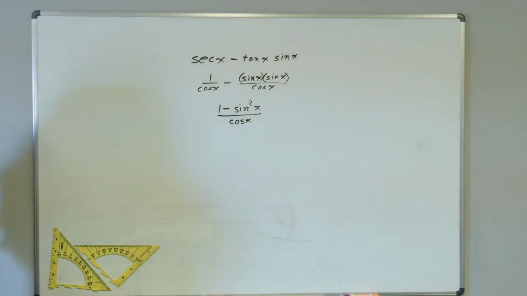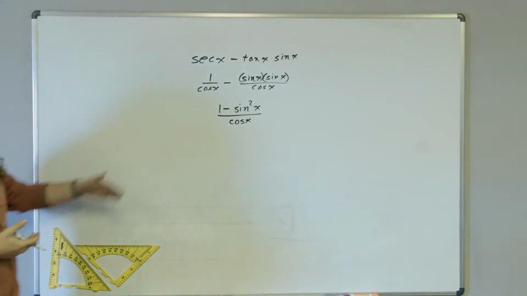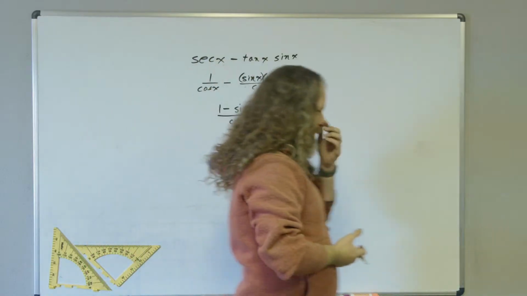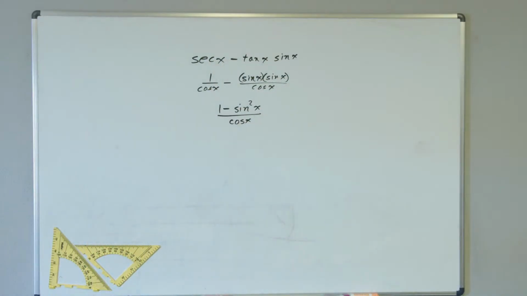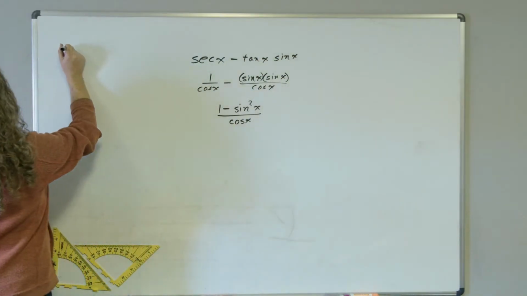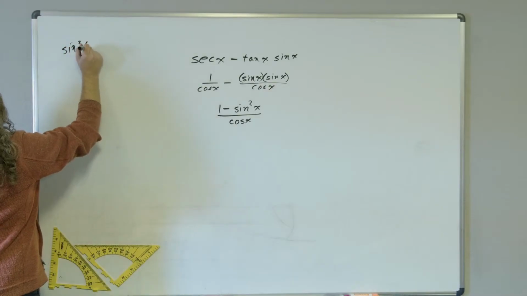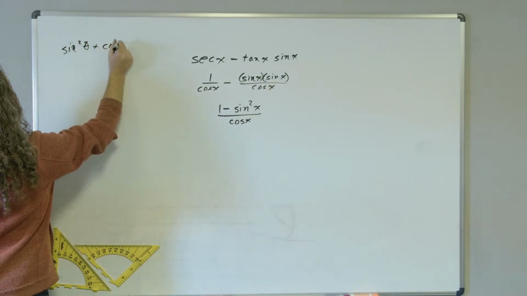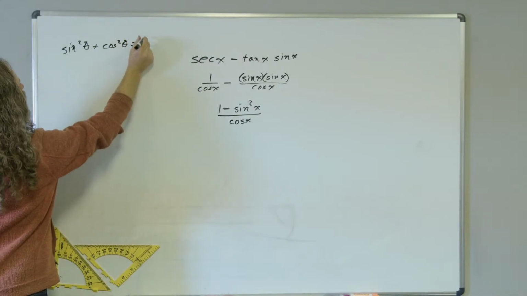Now we can go further than that. We've got a sine squared x, and if we've got a sine squared x, which set of identities ought we to be thinking about? Pythagorean identities. Sine squared plus cosine squared equals 1.